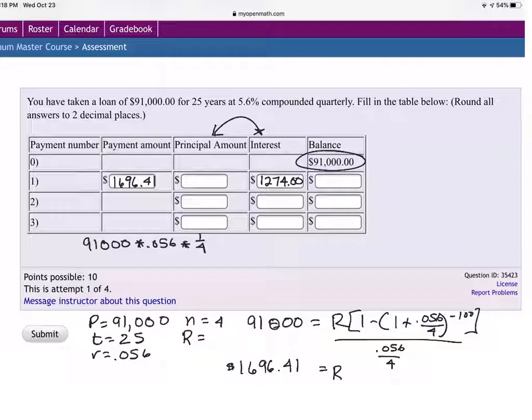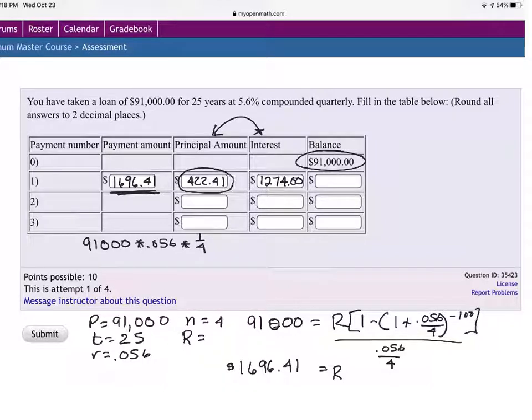So I want to figure out how much of my quarterly payment is the principal then. So I would take this $1,696.41 and I would subtract from that the $1,274 and I will get $422.41.